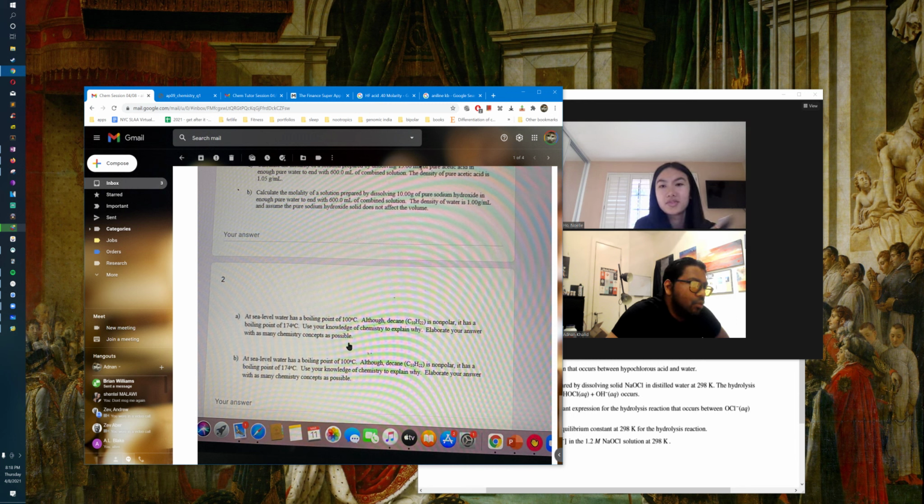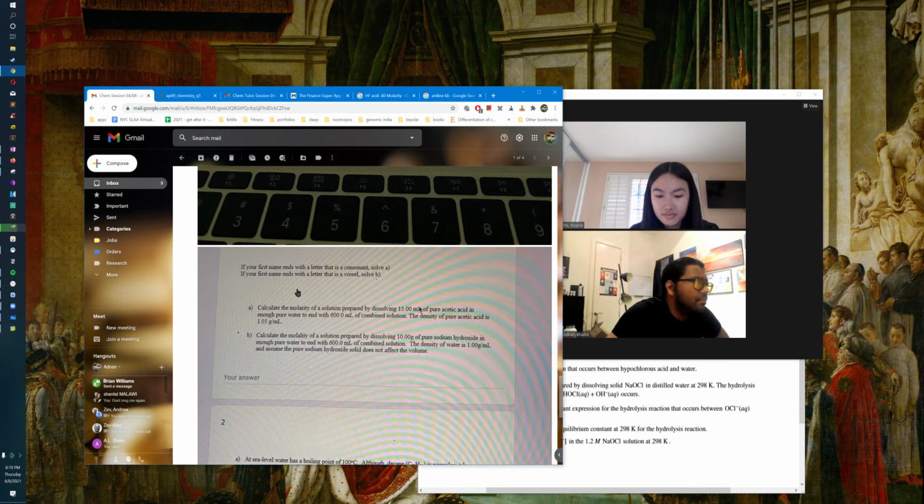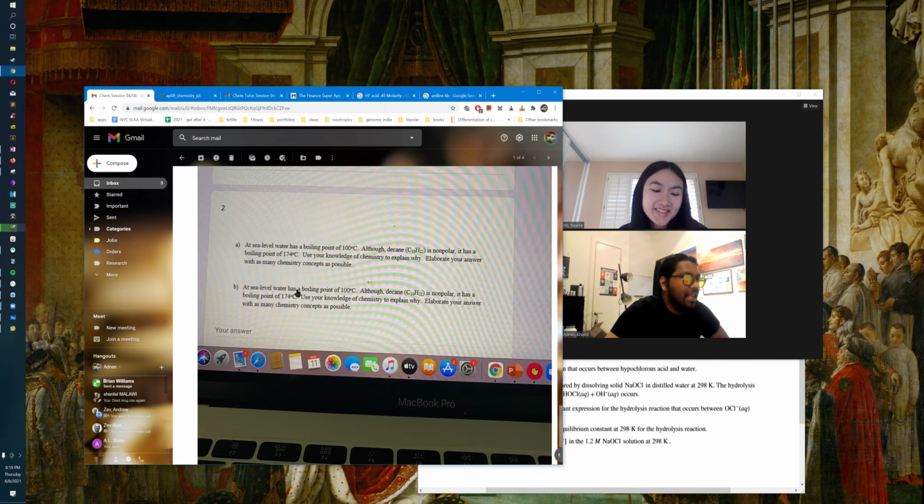Was the answer it's heavier? Let me see if we marked that one out. He definitely marked one of the explanations wrong. Yeah, he said elaborate on size and how that affects IMF.